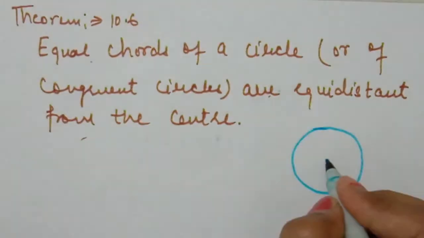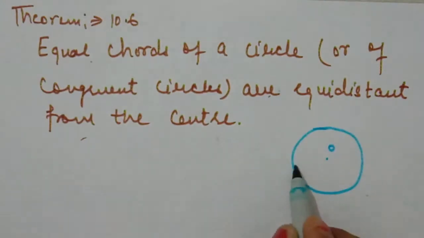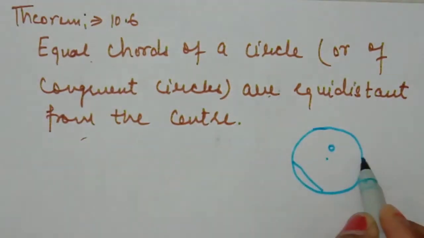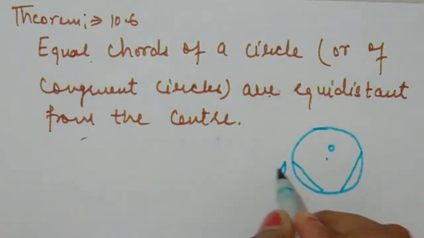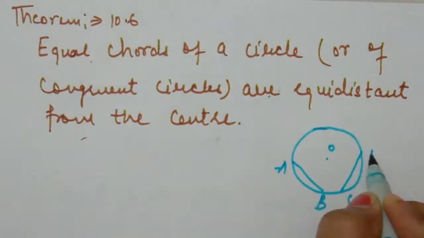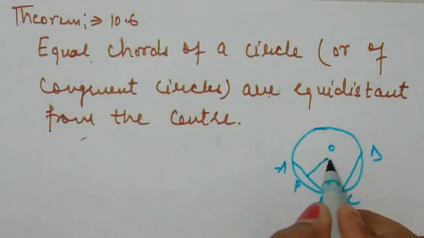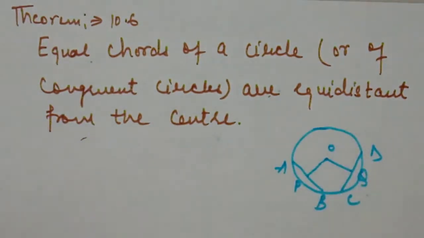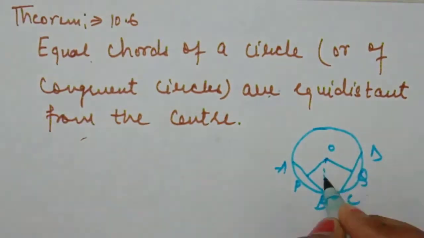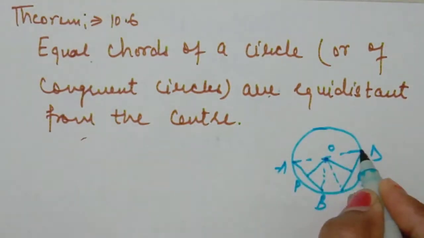This is our circle, this is center O, this is a chord, this is also a chord. We will take AB and CD. This is the distance from this chord and this is the distance from this chord. So we will mark them like this.